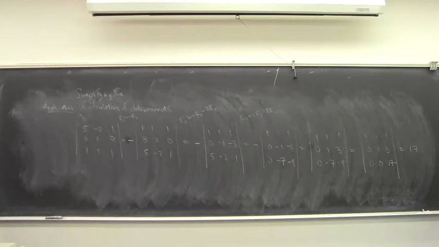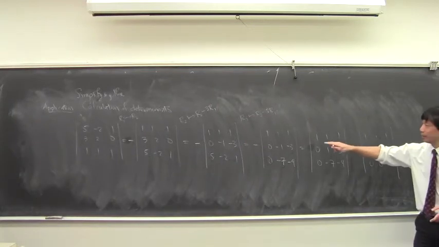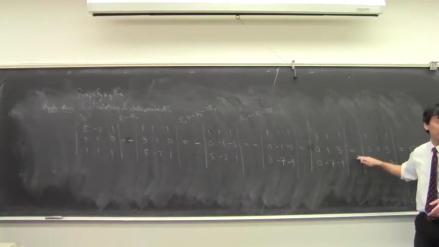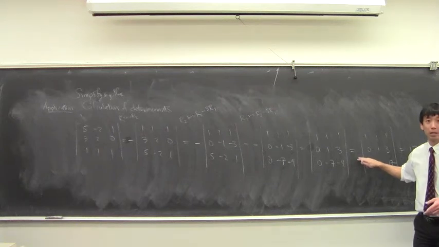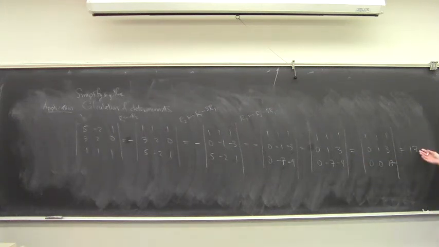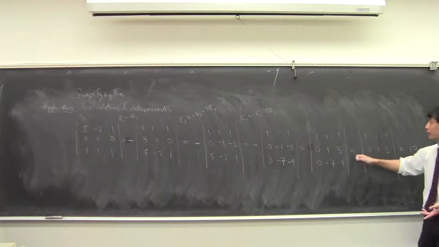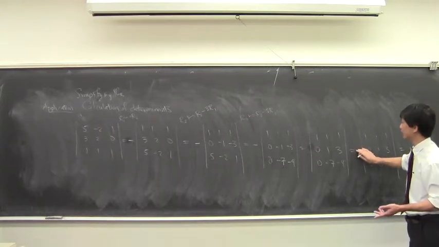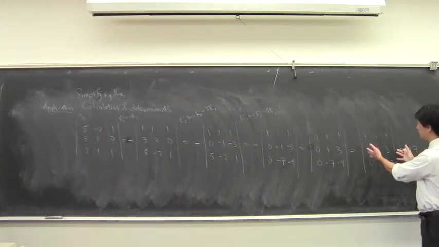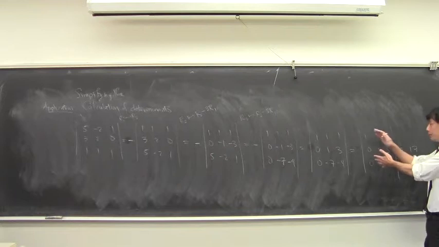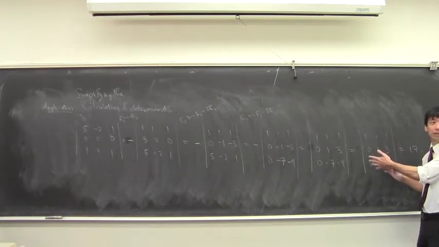So instead of doing expansion by minors and stuff, you can use the elementary row operations to reduce the matrix to row echelon form, keeping track of how you've altered the determinant along the way, and then at the end you end up with some factors times something that's easy to calculate, just the product down the diagonals.